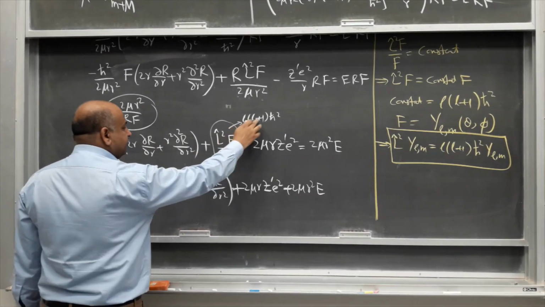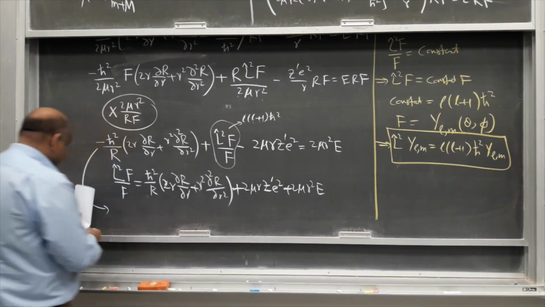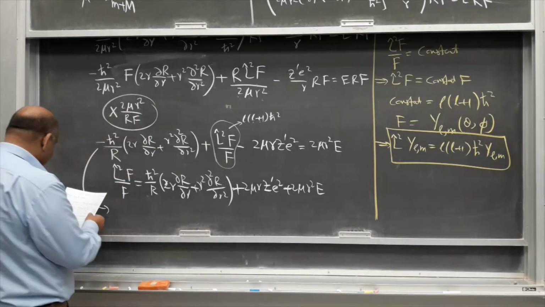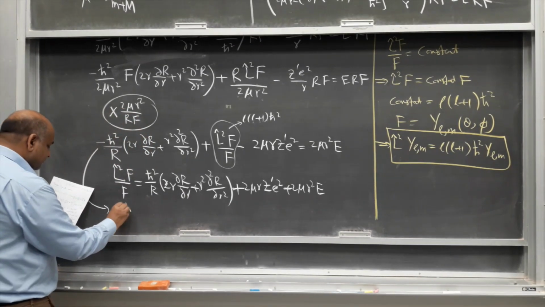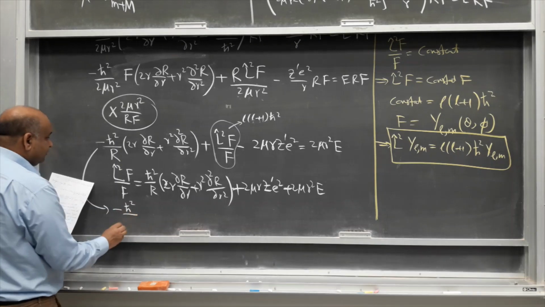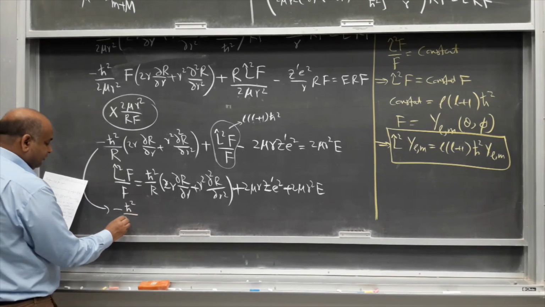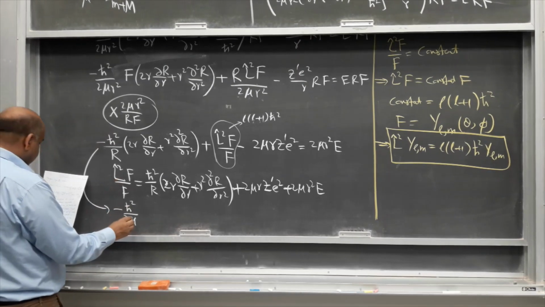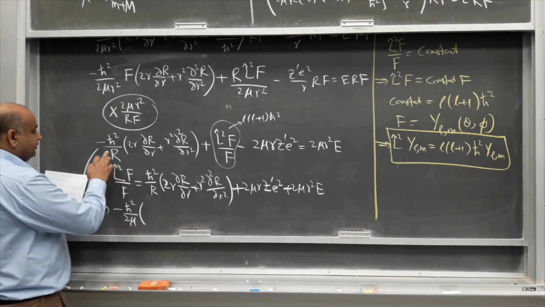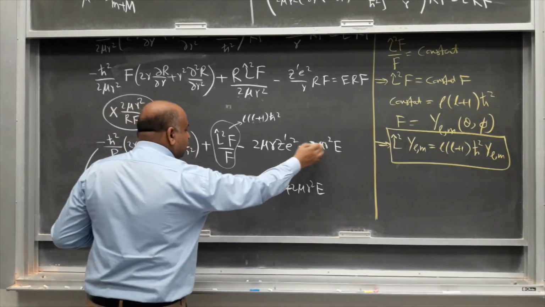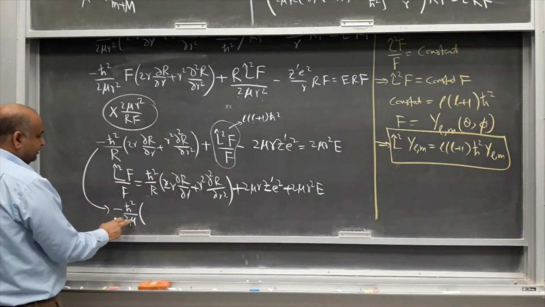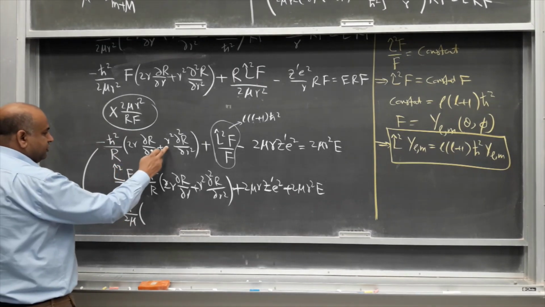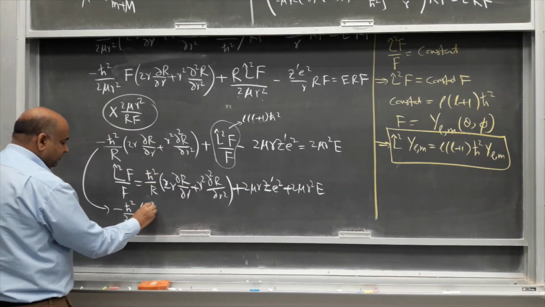All of this is L into L plus 1 h bar square, and we immediately get minus h bar square over 2 mu. Let me multiply with this 2 mu, so I'm bringing this 2 mu r square to this side. So 2 mu comes here, and r square, let's take it inside, so when r square comes here, this r square goes away.